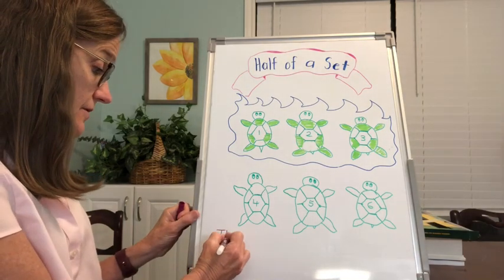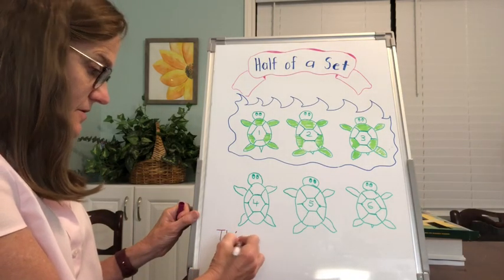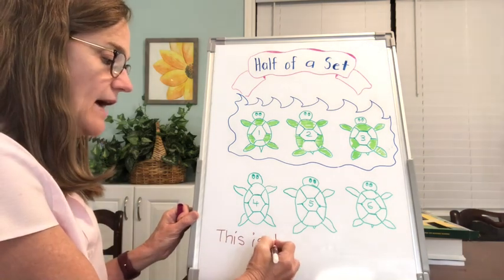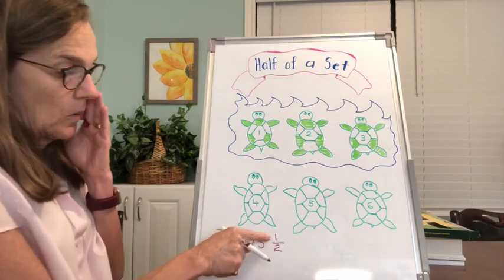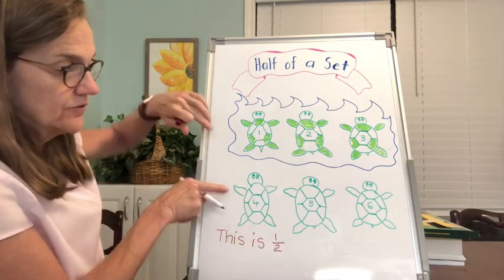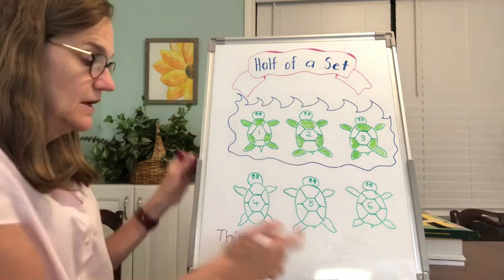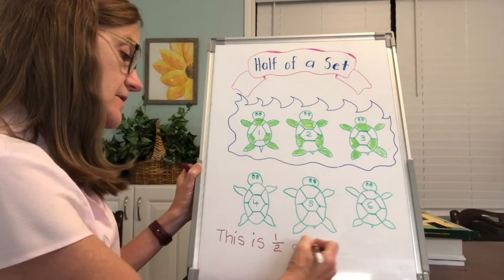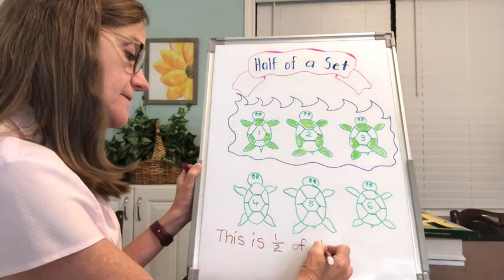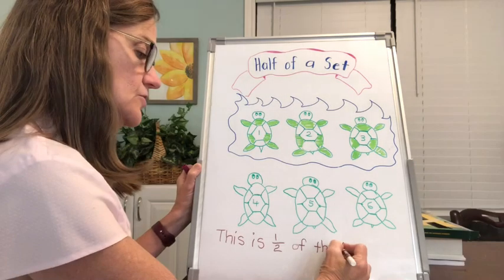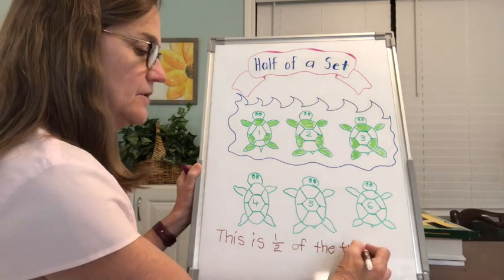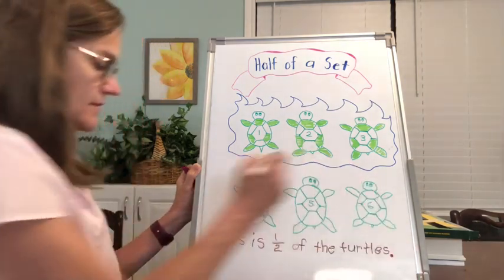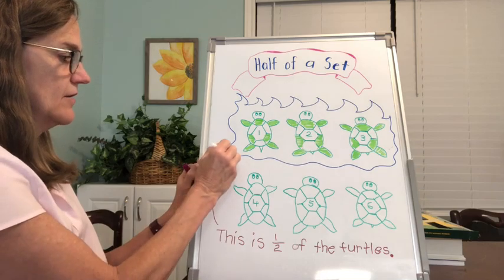This is, and remember how we write 1/2. 1 set out of 2 sets in the whole. This is 1/2 of the turtles. Period.